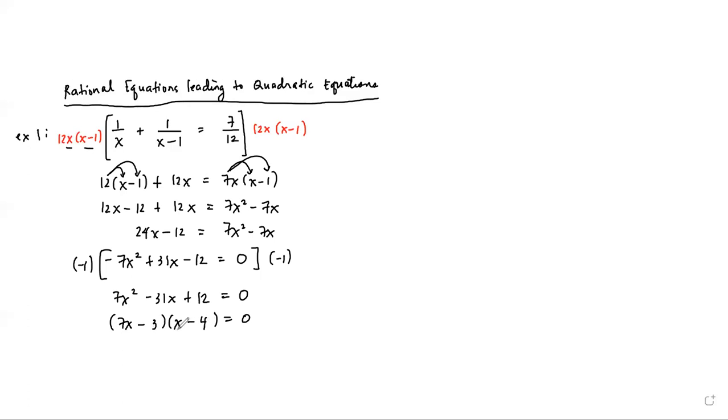Negative 3 times x is negative 3x. So adding those two products, we get negative 31x. These factors, by the zero product property, shall be equated to 0.